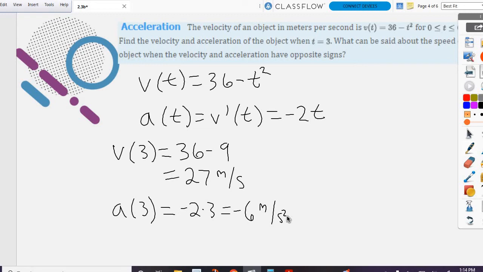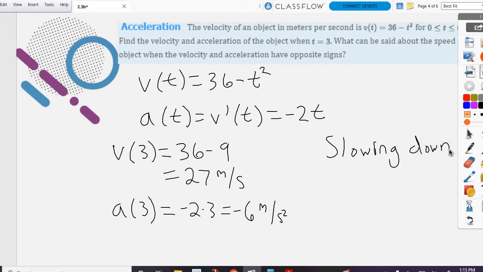However, acceleration is the change in the velocity, okay? So if I have a positive speed, but my change in that speed is negative, what would be happening? You're still moving up, but you're slowing down. Correct. So it would be slowing down.